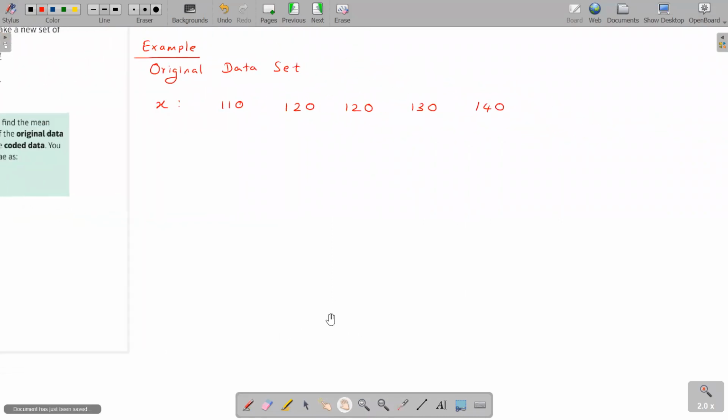First, number one, shall we find the mean, x bar, mu? How do you find the mean? You add all the X values. In this case, there's no frequency, so the mean is sigma x over n: add all the X values and divide by the number of terms. 110 plus 120 plus 120 plus 130 plus 140, divided by n.